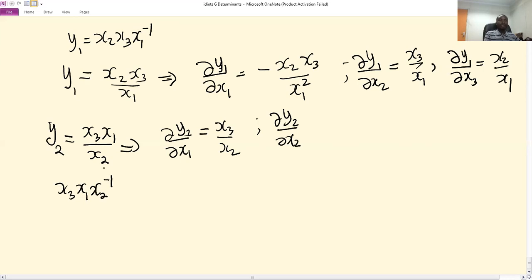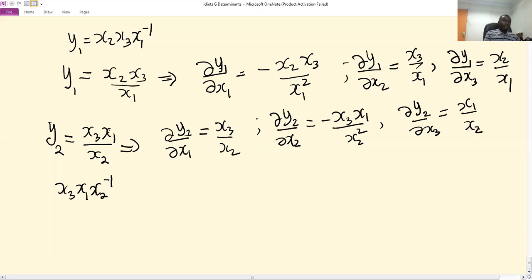Then use the power rule: drop, we have a negative, x3 x1, and subtract 1, we get 2. So it's like negative x3 x1 divided by x2 squared. Partial y2 partial x3 will be x1 over x2.